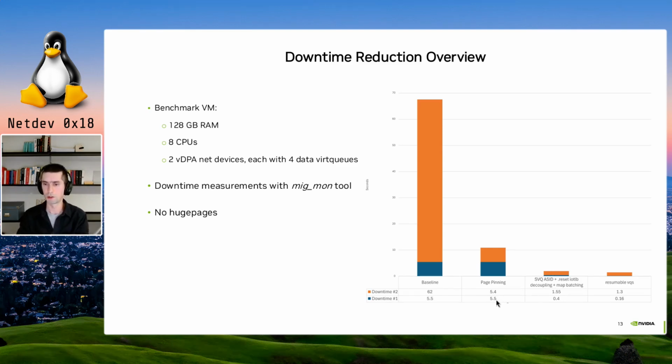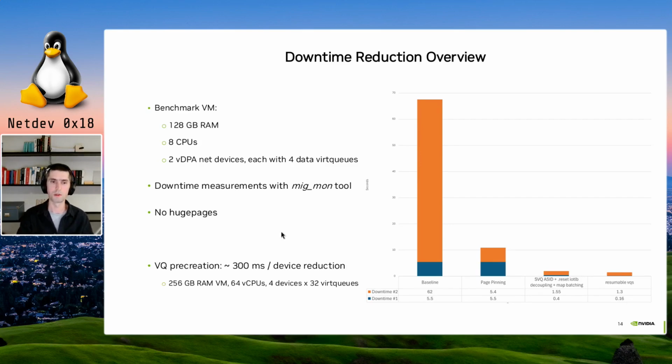A big improvement on the destination side, because that was the focus. And once more with the resumable VQs, there's another improvement on the destination side. And with the VQ pre-creation, for a larger setup, 256 gigs of RAM, 4 devices, 32 work queues, we have about a 300 millisecond per device reduction.